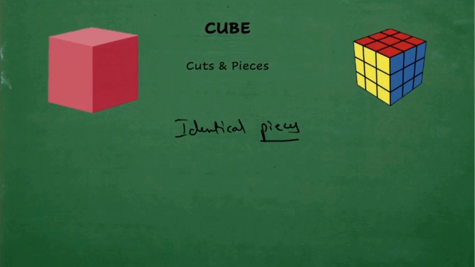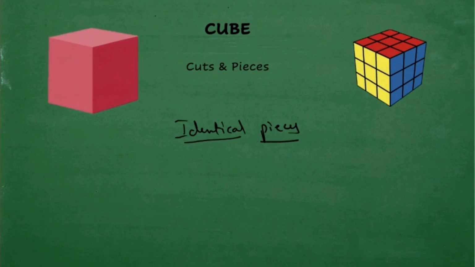Hence, they use the term pieces. The term identical is used because one has to make cuts in a proper pattern. You cannot make diagonal cuts or any wayward cuts, because then you will not get pieces of the same shape and size. You will be required to have either cubes or cuboids, and for that you need identical pieces.